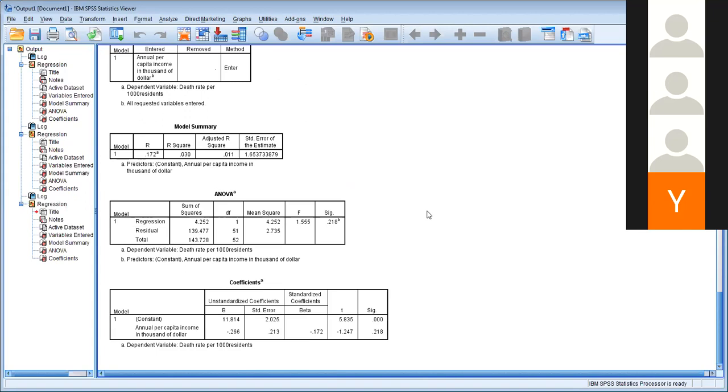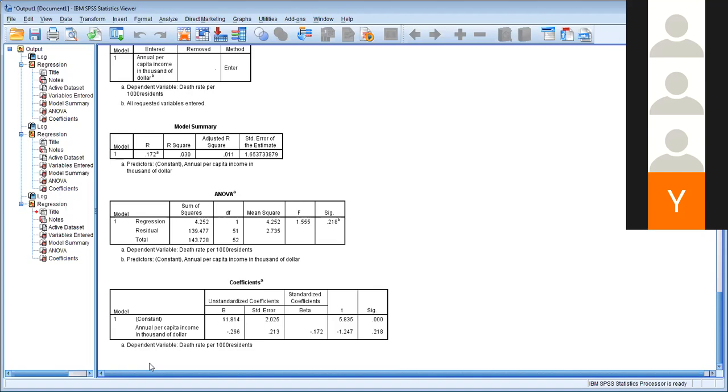I want to show you something here. If you look at the last table, the table of coefficients, because if you go and do the correlation of annual per capita income and death rate, it is a negative correlation. As the income increases, the death rate decreases.